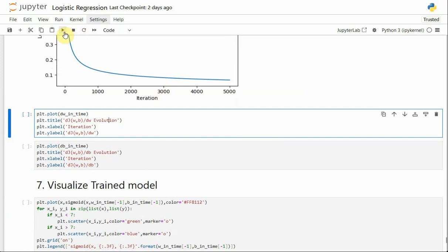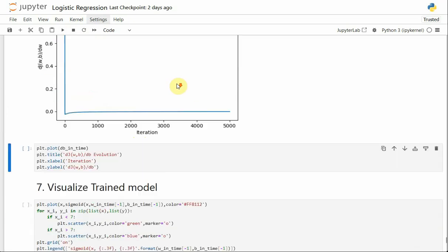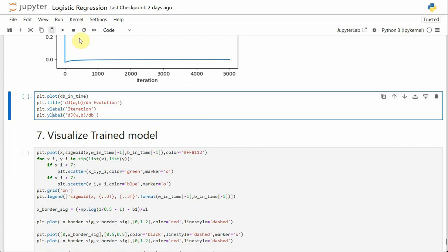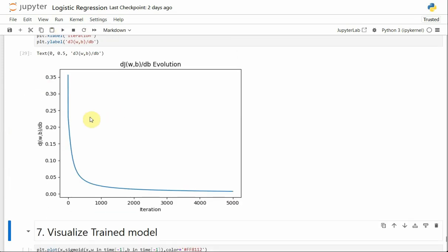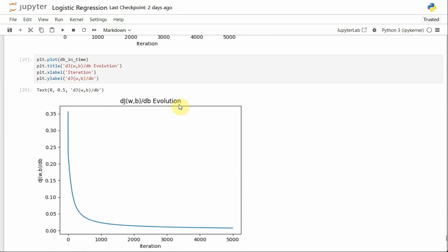We can also see that the gradient for parameter W converges to 0, and the gradient for parameter B also converges to 0. So this is expected behavior using gradient descent optimization.